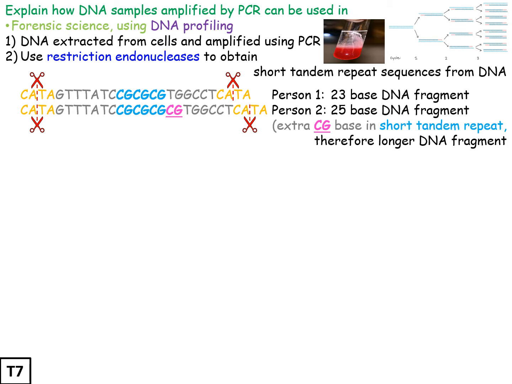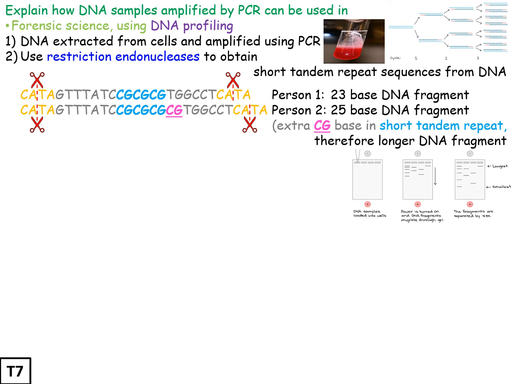And some people have got extra or longer DNA fragments because of these additional short tandem repeats, and the length of the DNA fragment is based on how many extra short tandem repeats they have. So therefore you could look at the difference between people in forensic science using DNA profiling.